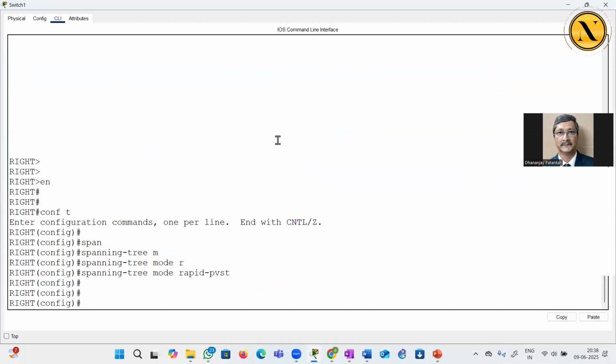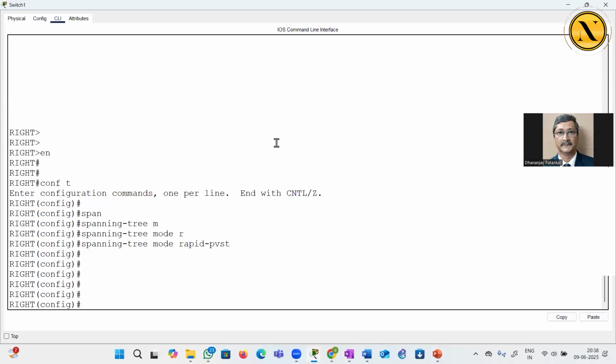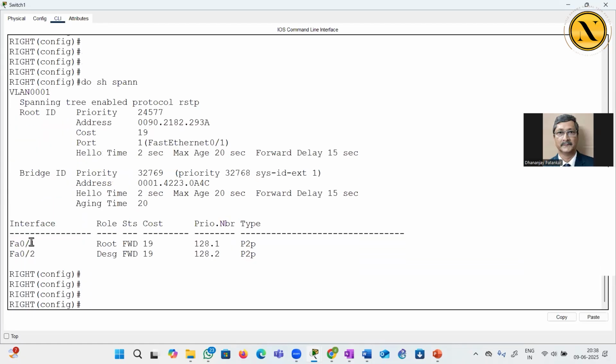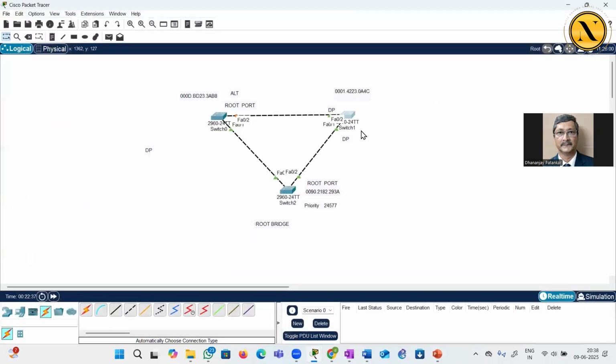So let's check again with the command, do show spanning tree. First port is the root port, second is the designated port. Anyway, this is a root port. This is a root bridge for VLAN 1.